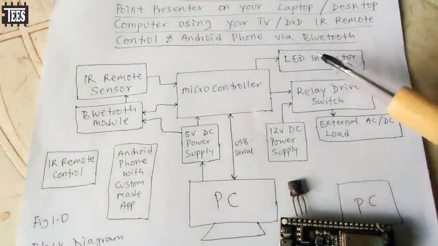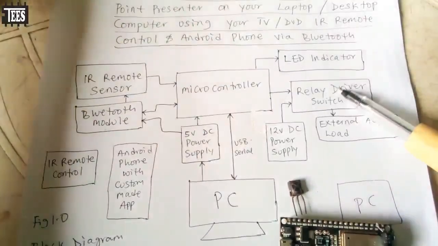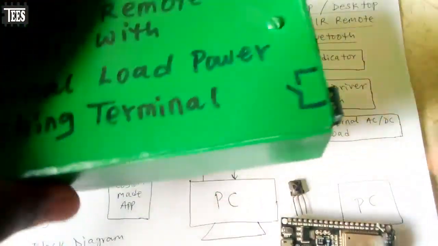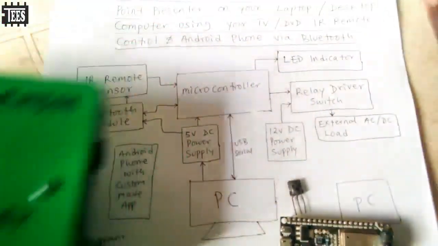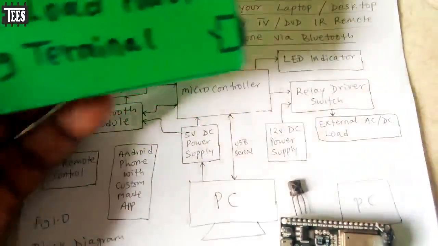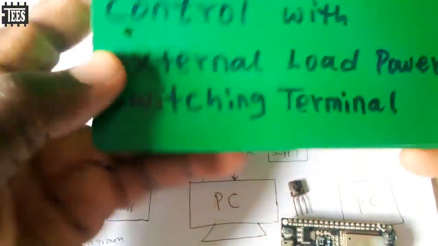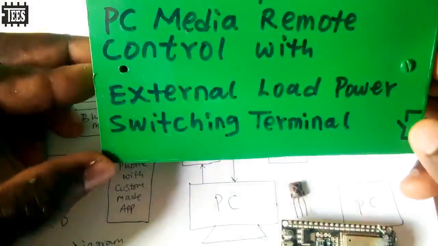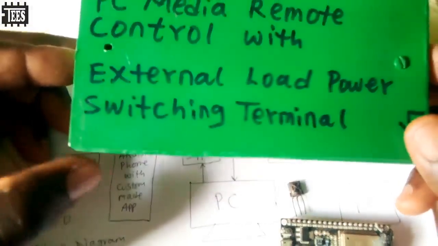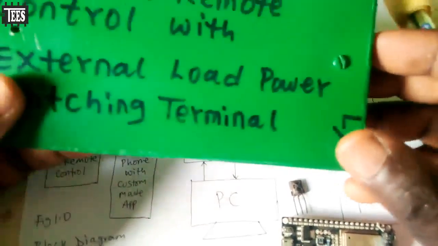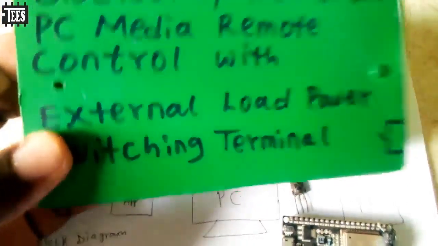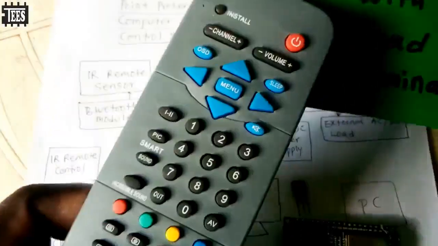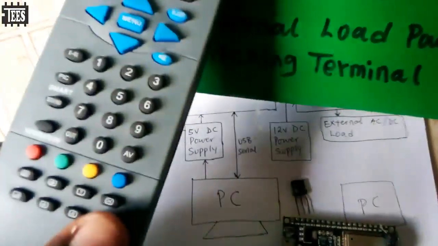And then in this design, I added something. Let's say your computer is connected to a projector and you are watching a movie in the evening, and you want to also turn off a lighting point from the remote control and also from your Android phone.